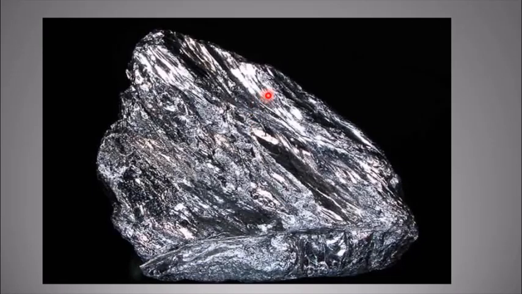Here you can see these layers, and they slip over each other, one upon the other. They are under a lot of pressure and are attached to each other. And one layer is called graphene.